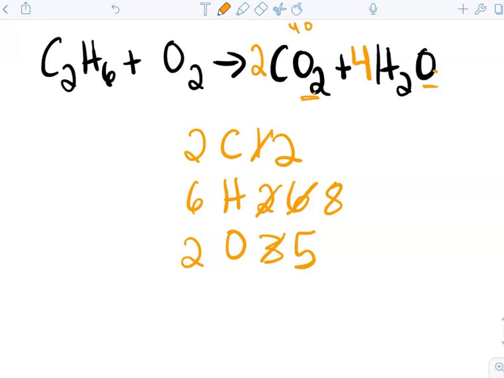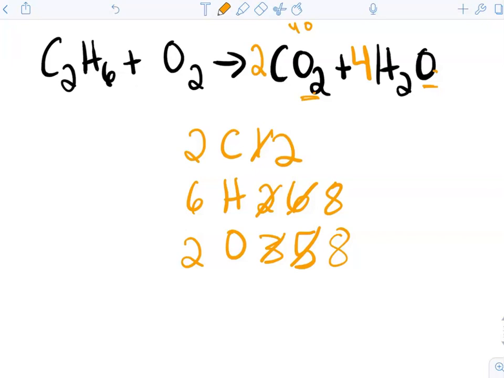That's going to be 8 oxygens total. But if we come over to this other side and try to get our hydrogens even, they are currently not even, and there's not anything that I can multiply that 6 by to make it an 8.